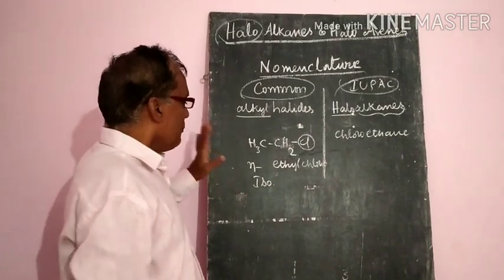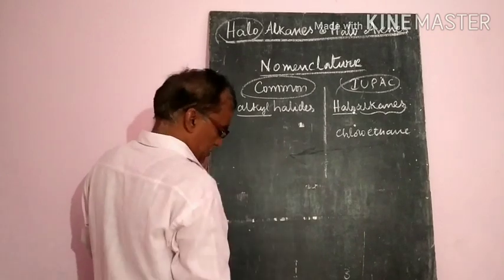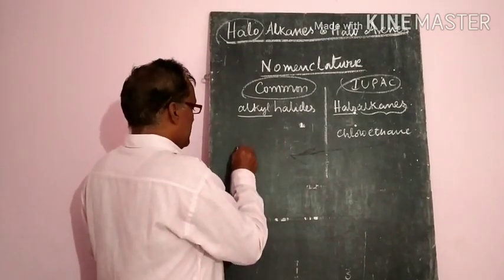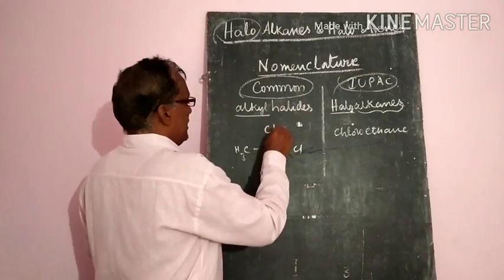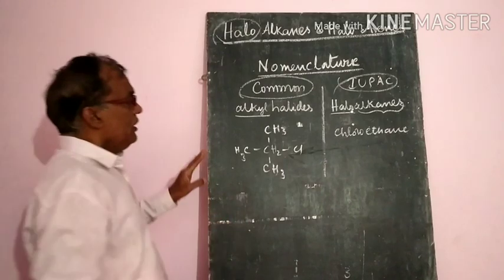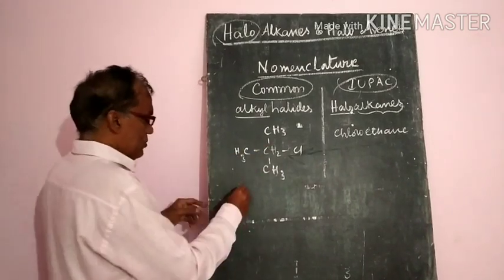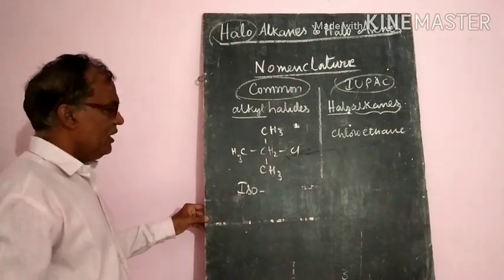One more example: CH3CH2Cl. If a CH3 group is there as well and it is a branched chain, then in the common names we use the word iso.